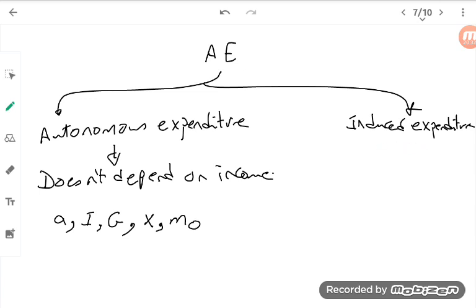While induced expenditure varies with real GDP.